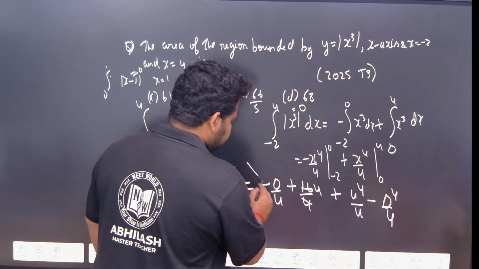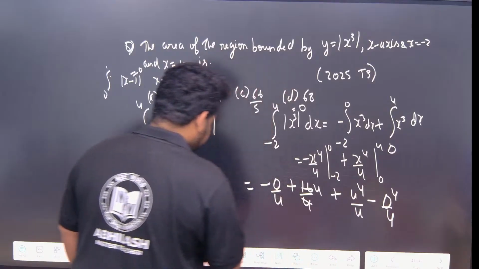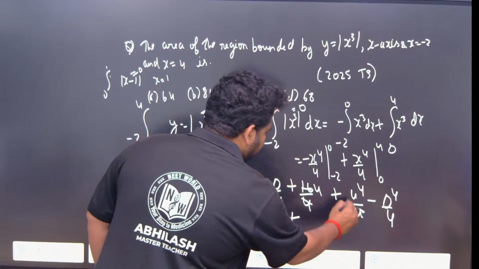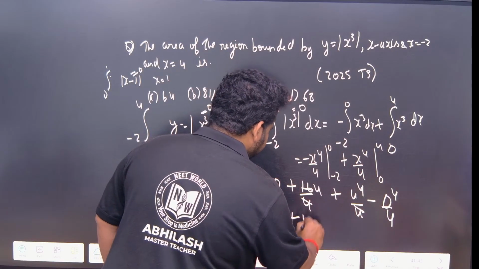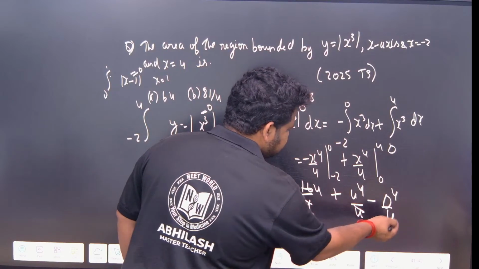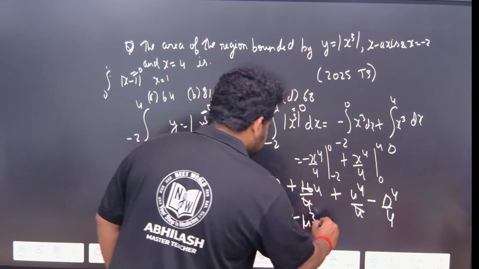This entire first part is 4, plus 4 cube, which is 64, plus 0 minus 0.